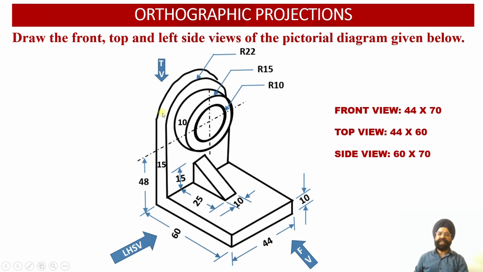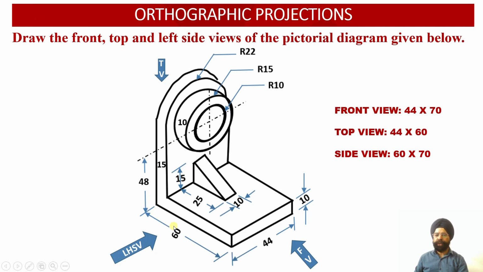So this semicircular surface has a radius equal to 22 millimeter. So 48 plus 22 gives us a height of 70 millimeter. So the front view face will have the dimensions 44 millimeter, the width, and 70 millimeter, the height of the solid.